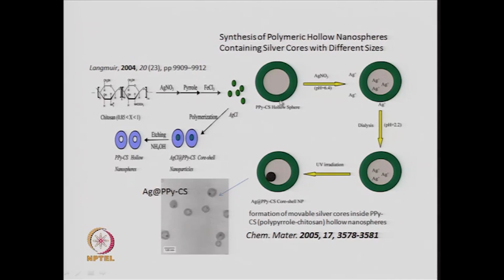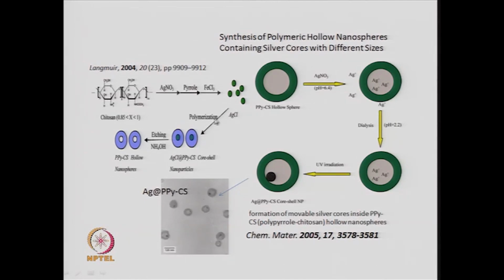So, what do you do? You first make this hollow sphere of a polymer with chitosan, CS chitosan, and this is polypyrrole. To get this hollow sphere, you start from chitosan, which is shown here, and you use silver nitrate and pyrrole and FeCl3, iron chloride, and you get silver chloride particles.